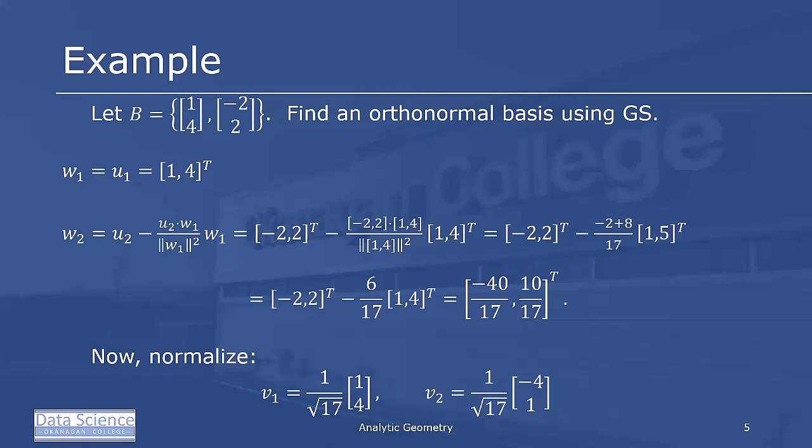Our w2 then is our (-2, 2) minus u2 dot w1 divided by w1 squared times w1. And so we end up with the vector (-2, 2) minus 6/17 times the vector (1, 4). So that leaves us with the vector (-40/17, 10/17).